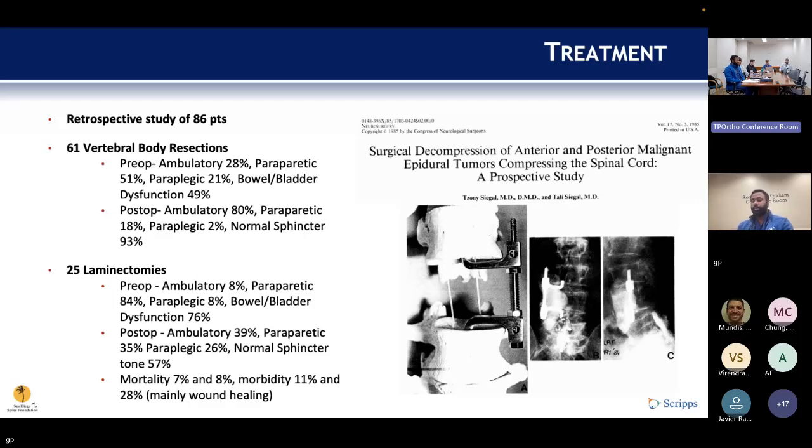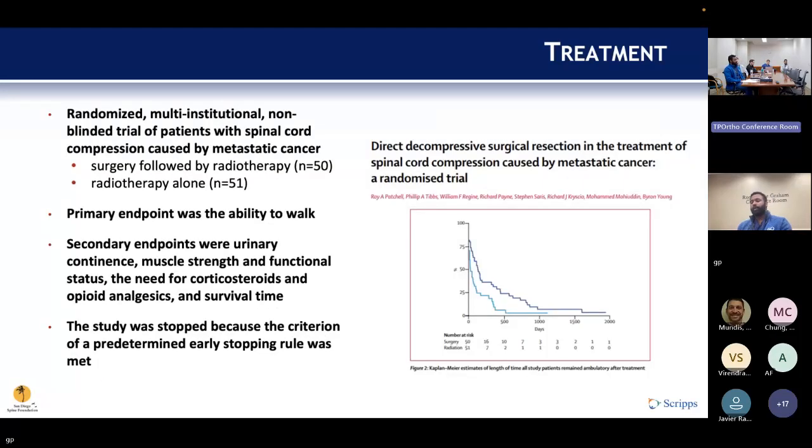So they had about 60 vertebral body resections and 25 laminectomies. And in almost every parameter, the vertebral body resections did better. And surprisingly, the mortality and morbidity after surgery was pretty similar. The only main difference was that the laminectomies actually had worse wound healing. So this was the kind of groundbreaking paper.